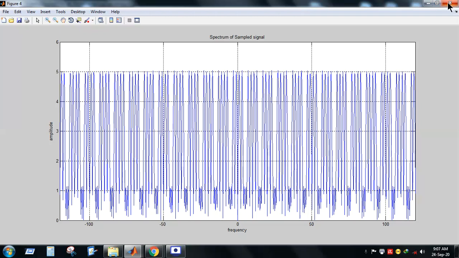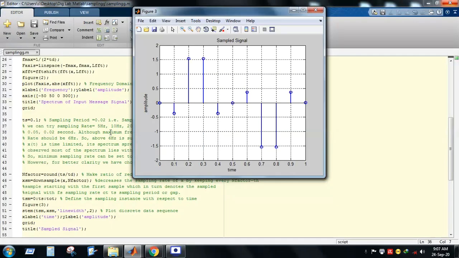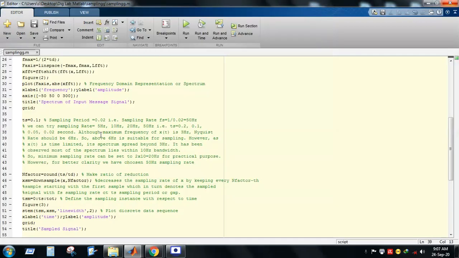So fs equal to 10 hertz is not applicable for this problem. As you already know, for this particular problem the Nyquist rate is 20 hertz. So let's set Ts at 0.05 second, because 0.05 corresponds to 20 hertz.